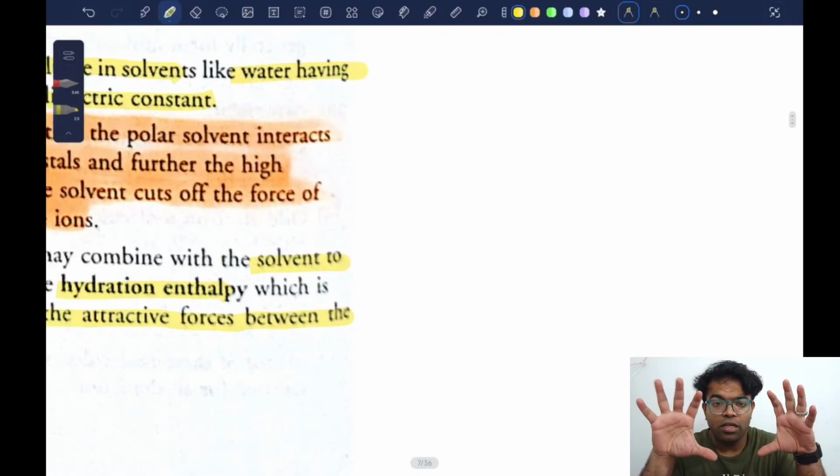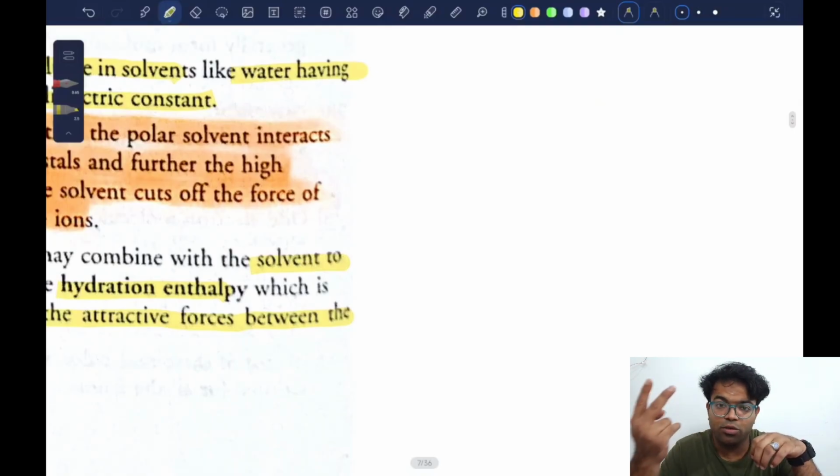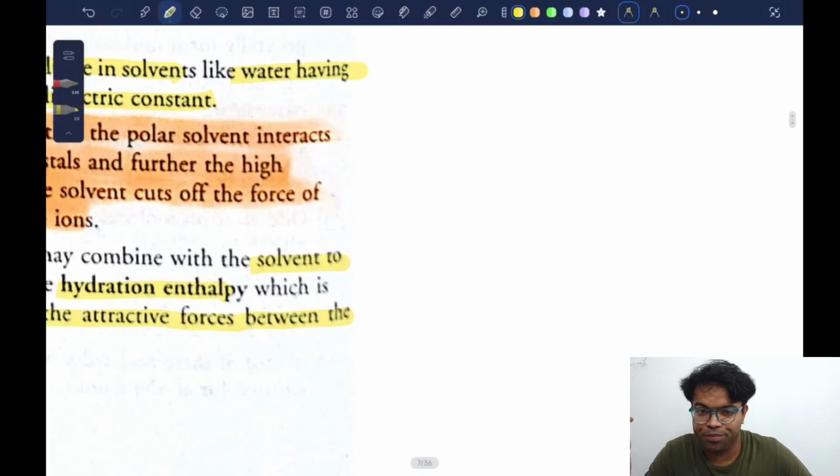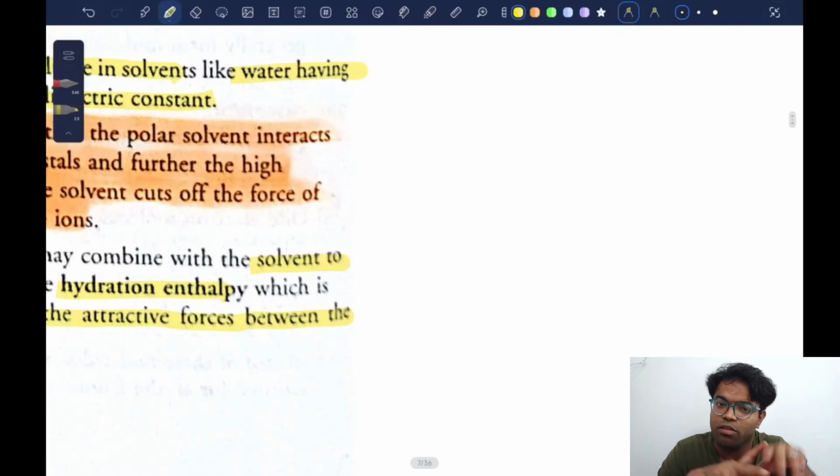Okay, see, a water molecule has two centers. There is a positive center and a negative center. The negative center is provided by the oxygen and the positive center by the hydrogen. So there is a positive and negative center in the ionic bond also. Sodium is positive and chlorine is negative.